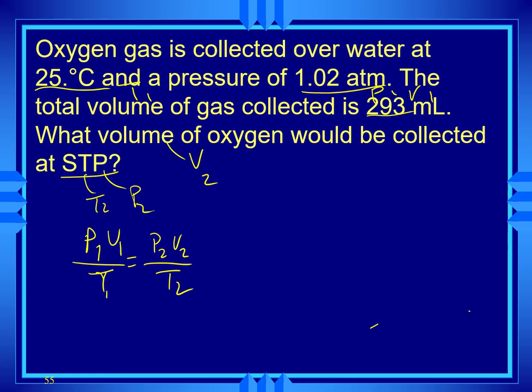So V2 is going to equal P1 V1 over T1. And then I got to move the T2 up top and the P2 to the bottom. So I'm ready to plug in numbers.